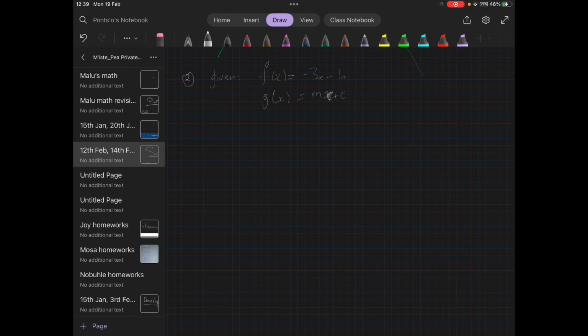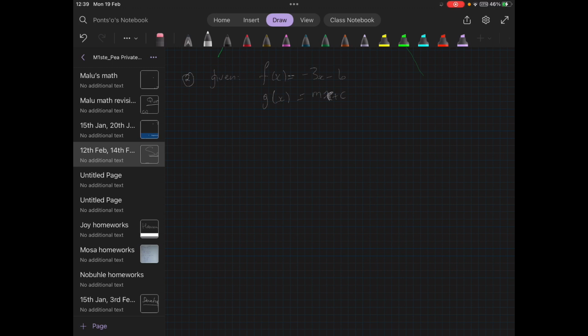We must find m and c if g is parallel to f and g passes through the point 1, 2. Sketch both functions on the same system of axes. So we have the one straight line equation, which is obvious, but the second one we have to come up with the equation.